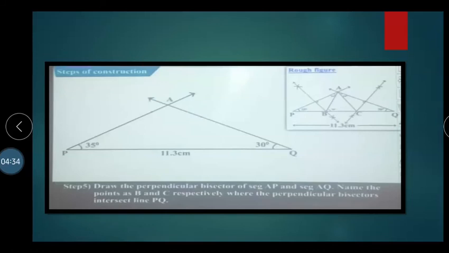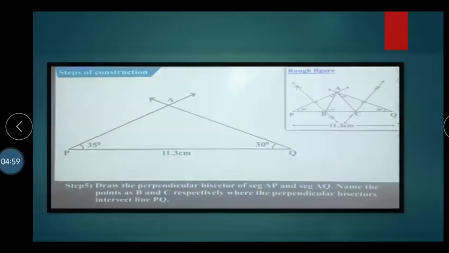Now step 5, draw the perpendicular bisectors of segment AP and segment AQ. Name the points as B and C respectively where the perpendicular bisectors lie on PQ. So here we name the points where the perpendicular bisectors of AP and AQ meet PQ as B and C, that is the base.